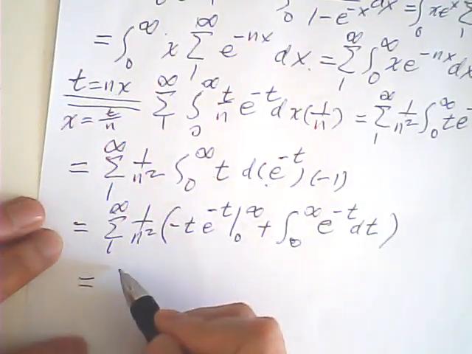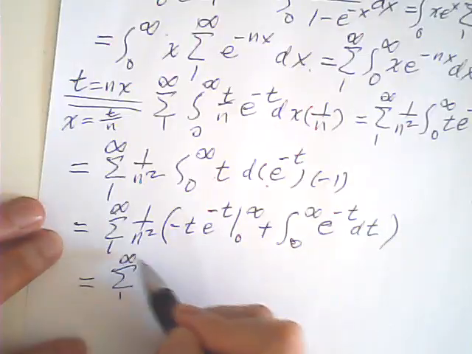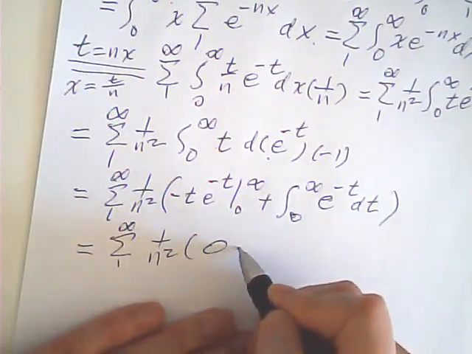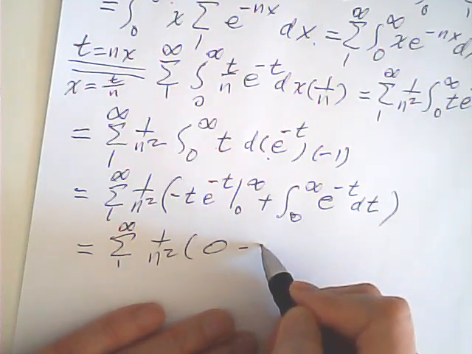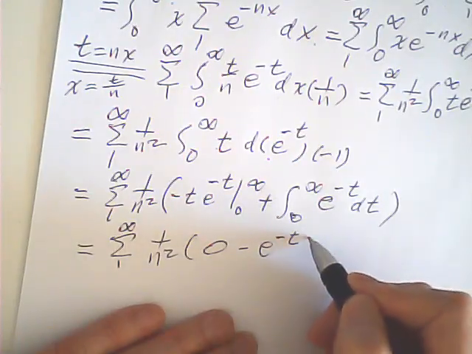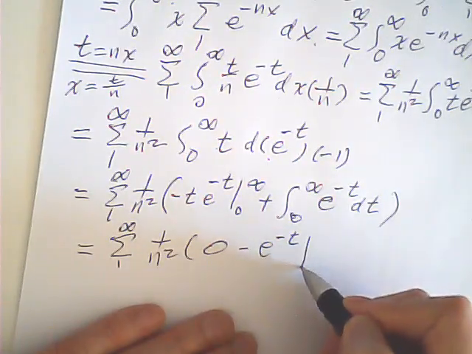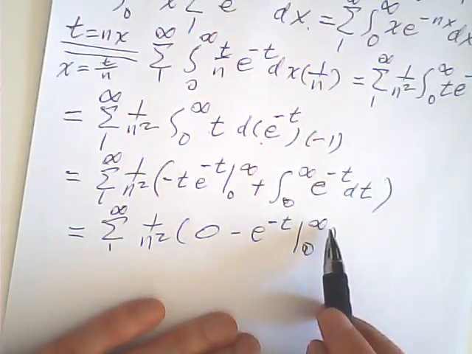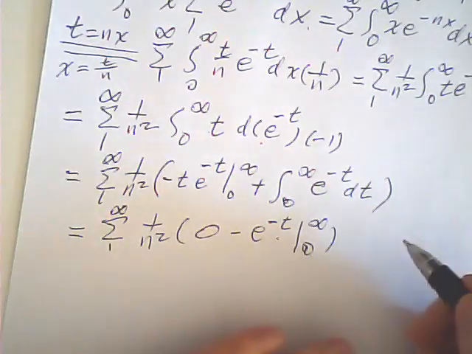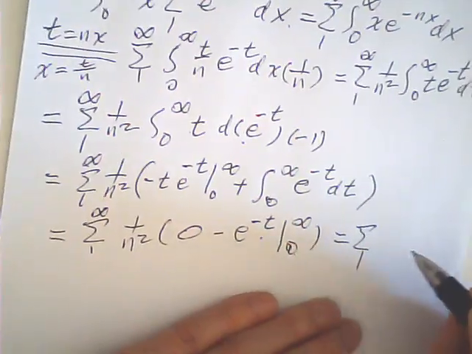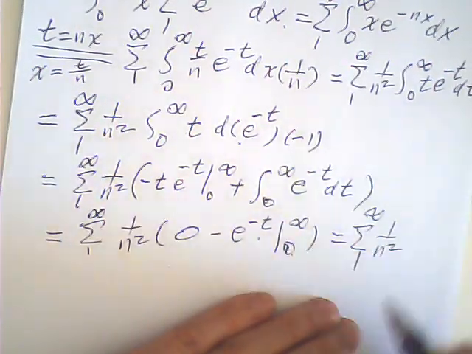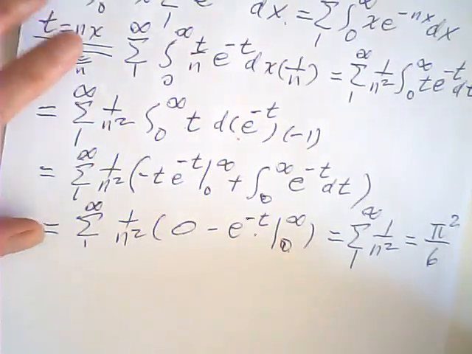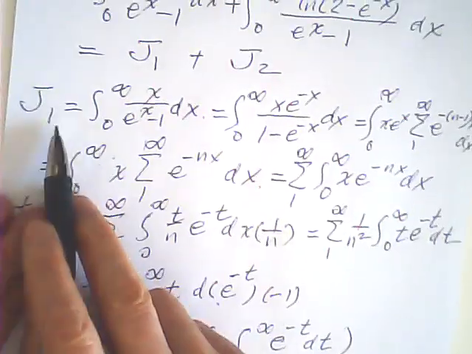Very easy, it's 0. The remaining integral gives 1. Therefore this is equal to the sum of 1 over n squared, which is pi squared over 6. It's Basel. All right, so we found J1.